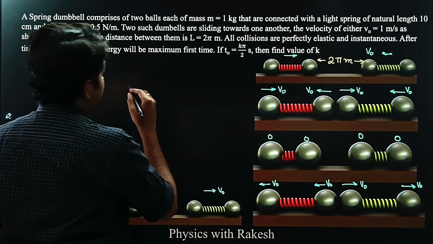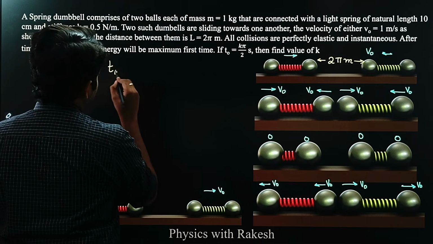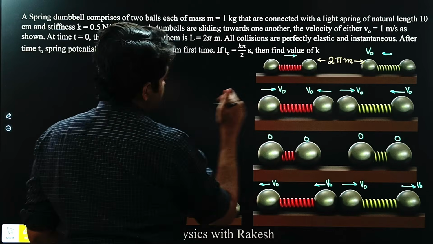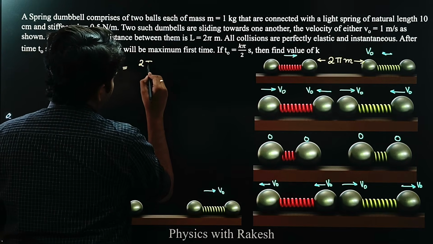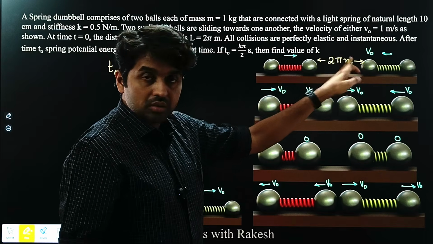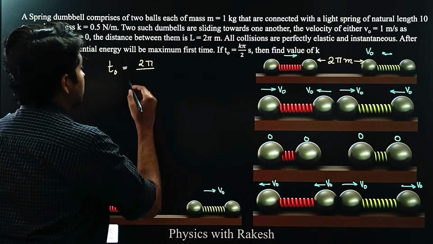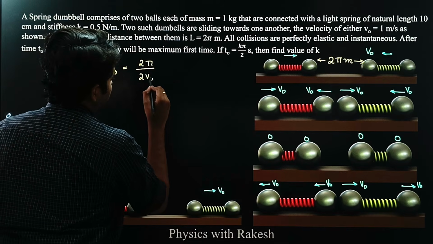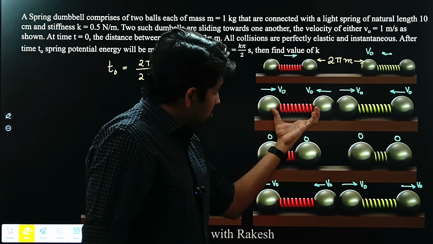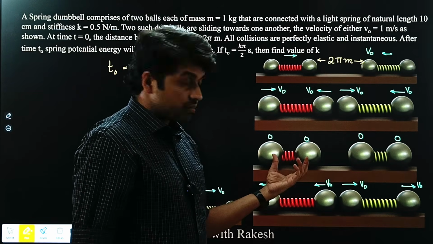So total time T0 equals the time for these both to come here, which is 2 pi divided by 2 v0, right? This is coming with v0, this is coming with v0, so the relative velocity is 2 v0, plus the time taken for this to go from here to here.